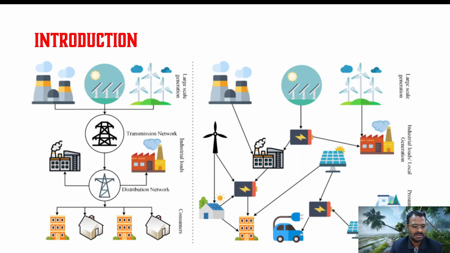The power losses in the transmission line are very high. And the other problem, as I told you, is that fossil fuels produce a lot of pollution and are depleting in nature. So we need alternate sources.